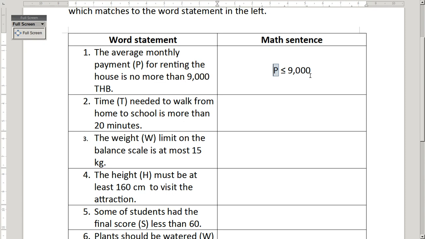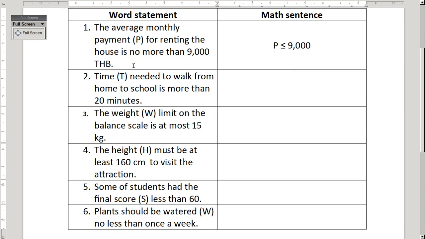The payment can be equal to 9,000, but no more than 9,000. You see, no more. Please, right now, do the following 5 statements and write here the mathematical sentence.